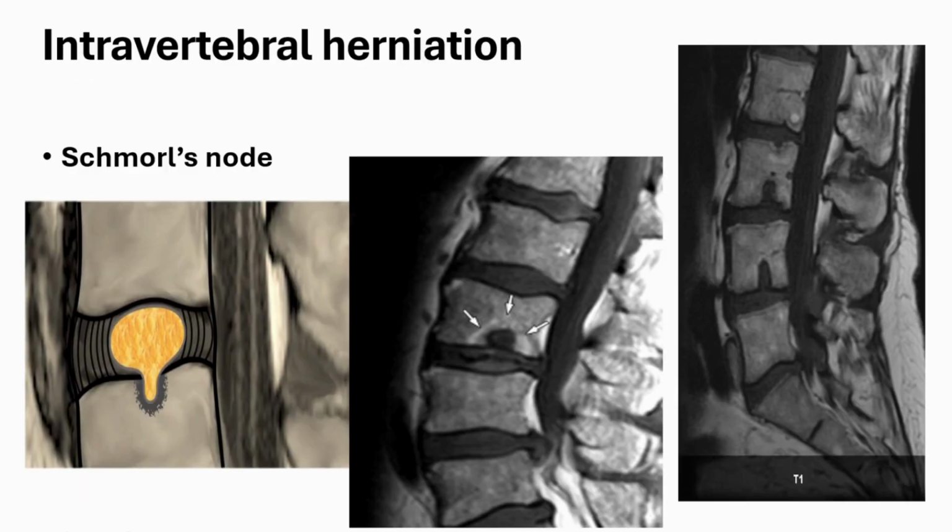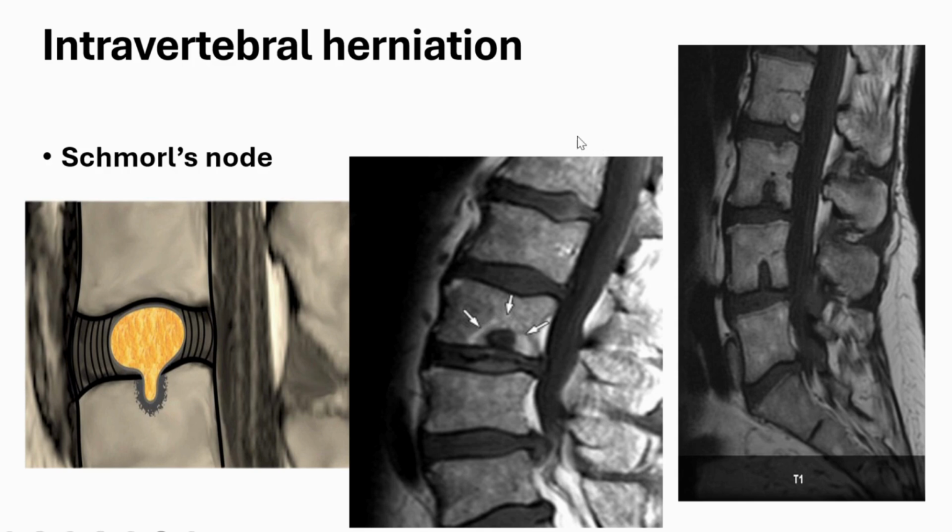Next is the intravertebral disc herniation. This is also called the Schmorl's node. This occurs due to weakening of the vertebral end plate, leading to a defect in the end plate and herniation of the disc content within the adjacent vertebra.